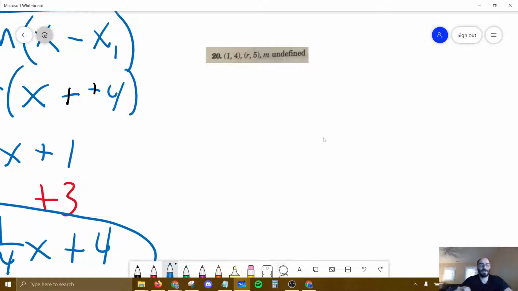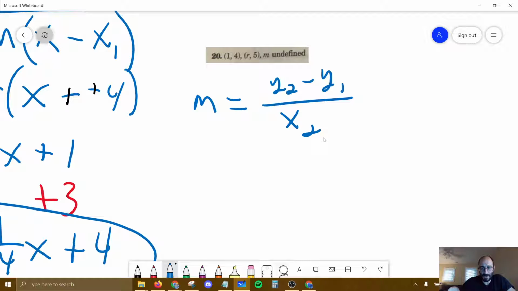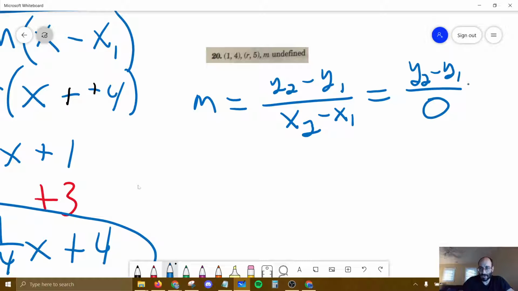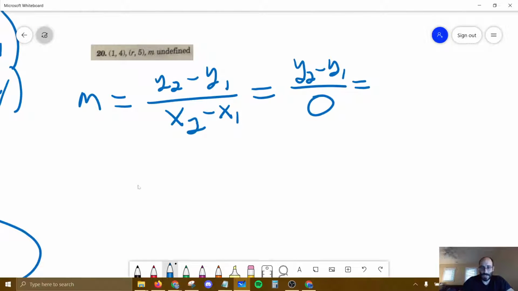Well, if you think about it, the slope formula is m equals y2 minus y1 over x2 minus x1. And when something's undefined in algebra, it means we're trying to divide by 0. That means the change in x, the denominator, is 0. So if you're trying to divide by 0, this is called undefined. You cannot divide by 0.